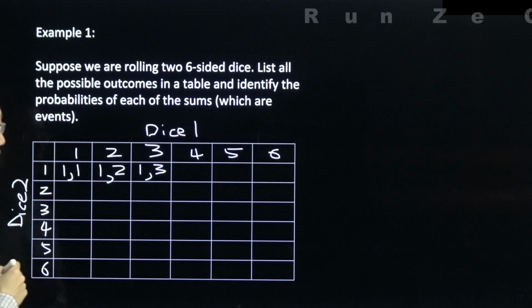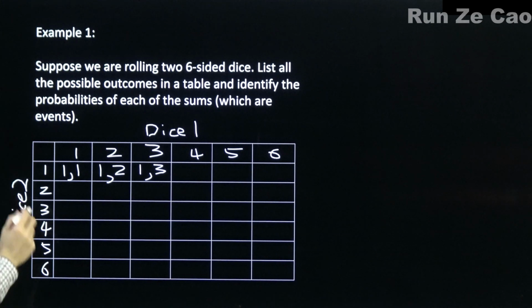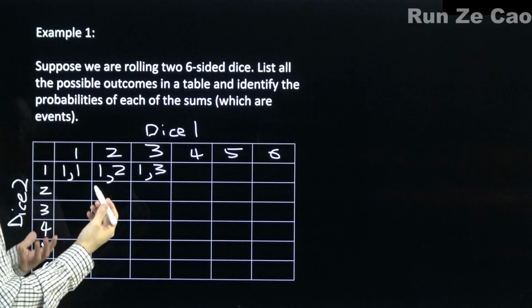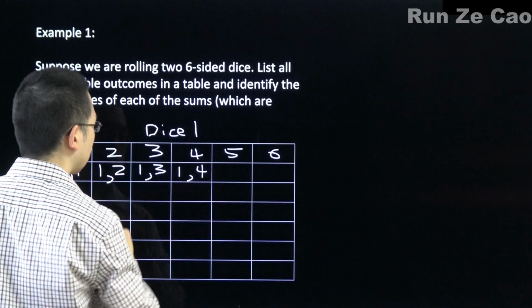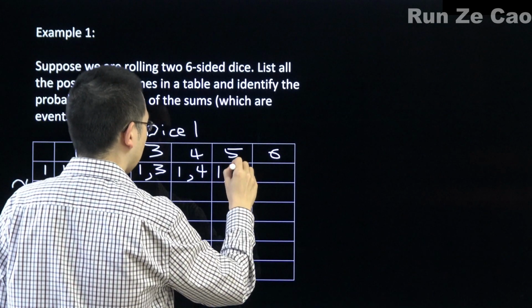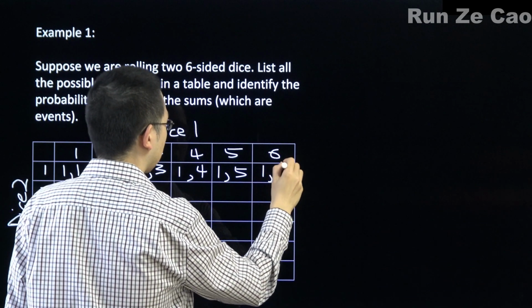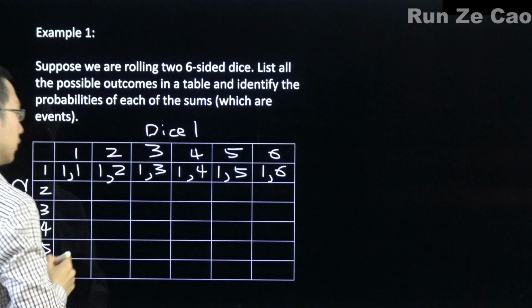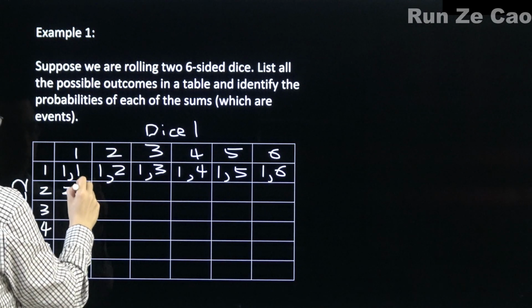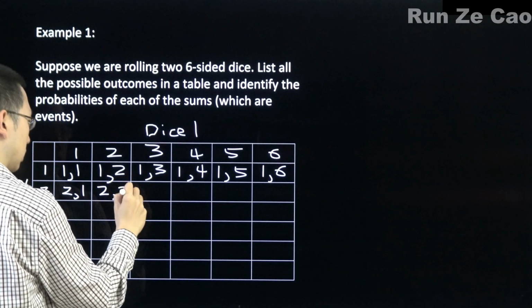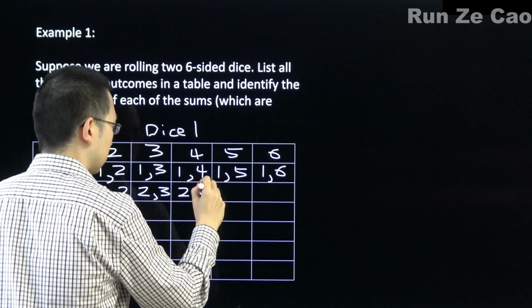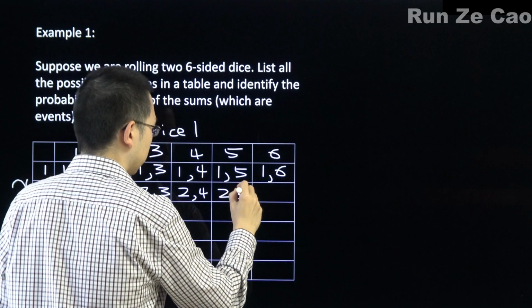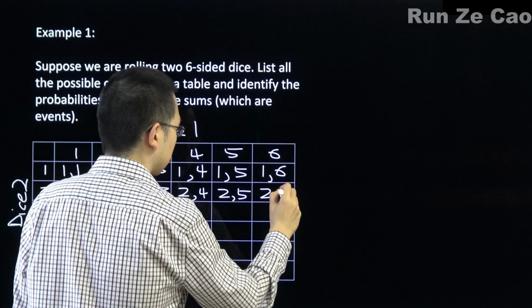Yes, I do realize perhaps we should have labeled this dice 1 instead. But, whatever. The overall table is going to be the exact same, even if we flip it around. So 2, 1, 2, 2, 2, 3, 2, 4, 2, 5, 2, 6.